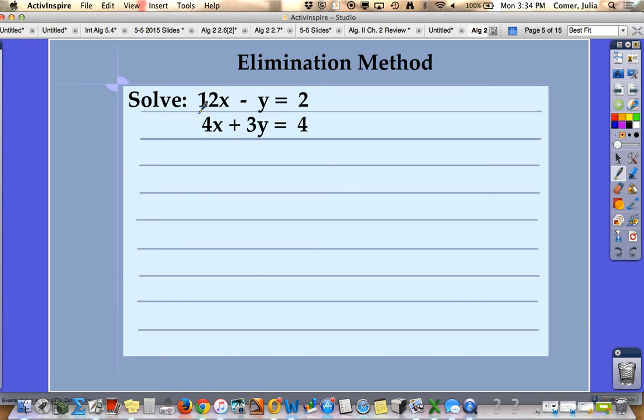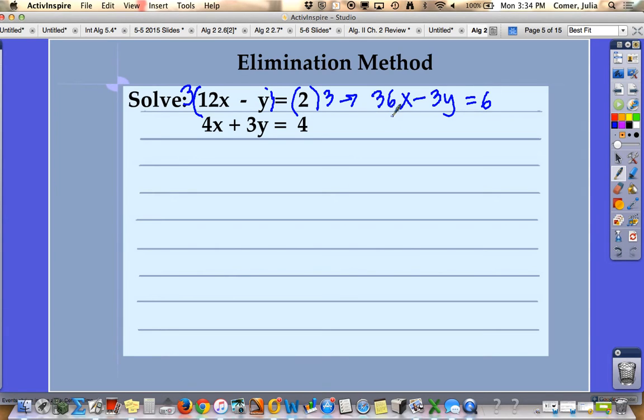So I'm thinking I am going to multiply that top equation by a positive 3. And whatever I do to one side, I have to do to the other side also. So I'm going to multiply this by 3, and I end up with 36x minus 3y equals 6.